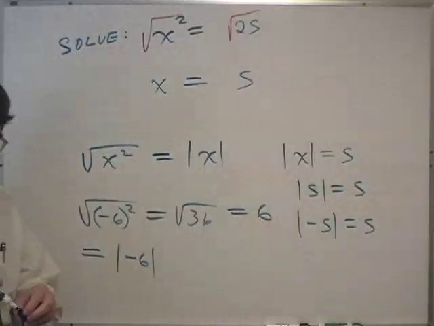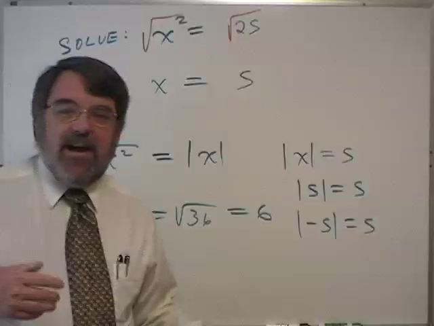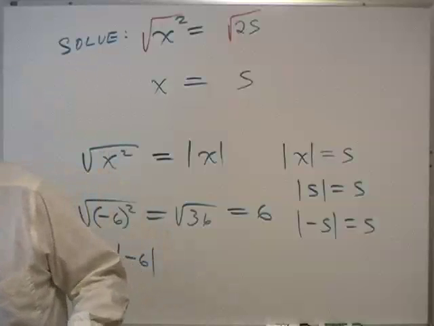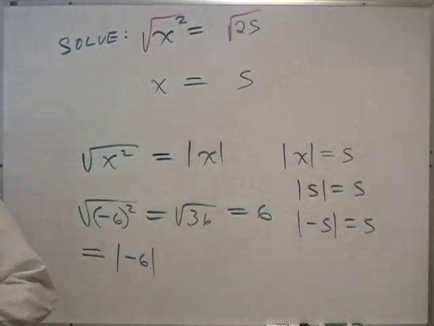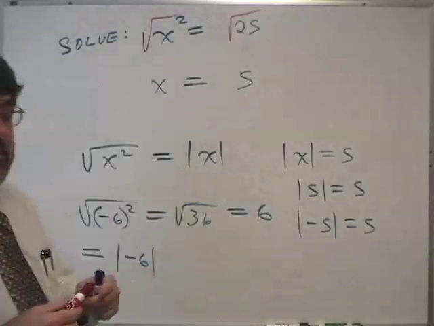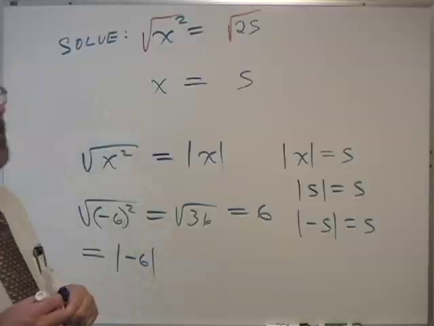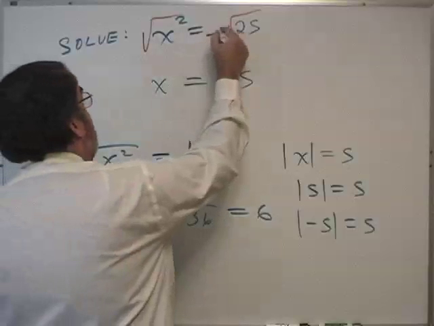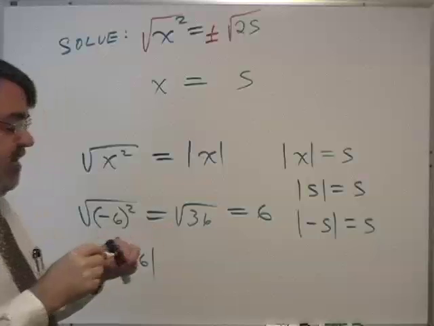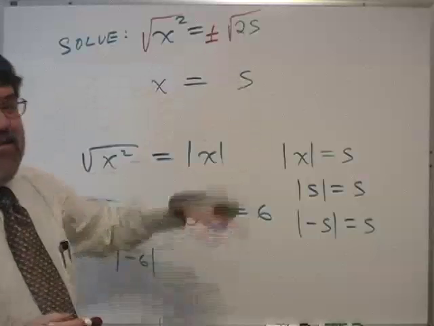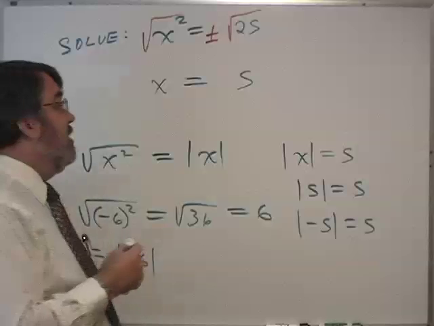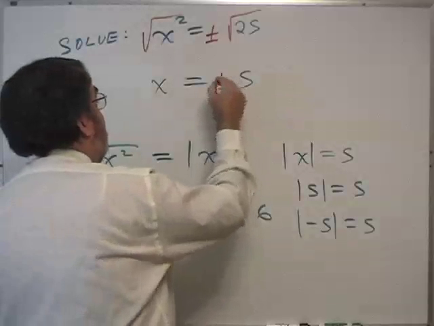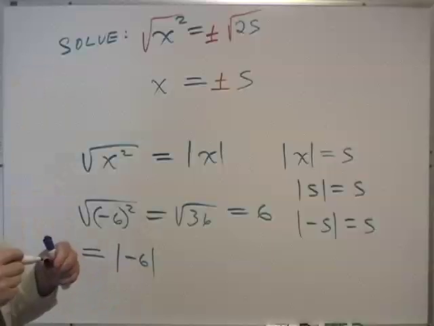Well, rather than dance around all this absolute value business, our chosen way to fix this in these problems is to introduce the plus or minus symbol. So I'm going to put a plus or minus here. Now that's a plus sign with a little line underneath it. And so it represents two answers. X is equal to plus 5 or minus 5.